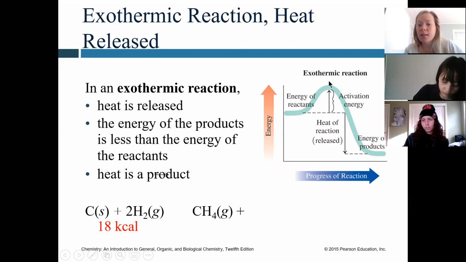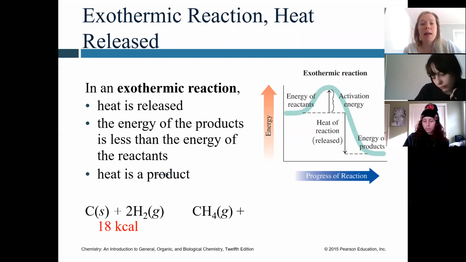You can see it kind of looks like a little hump. There's a certain amount of energy you have to put into a reaction in order to reach this energy of activation. Once you've reached it, the reaction will just sort of move forward on its own. That energy could be heat, it could be you shaking it, it could be a catalyst, but it's something that's going to get you to that point.